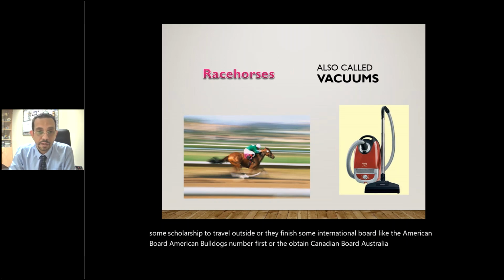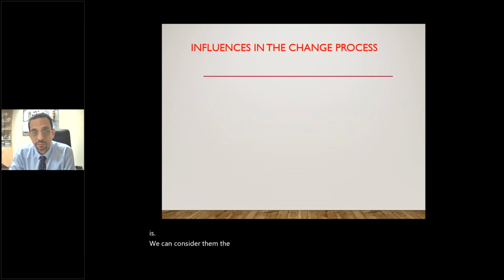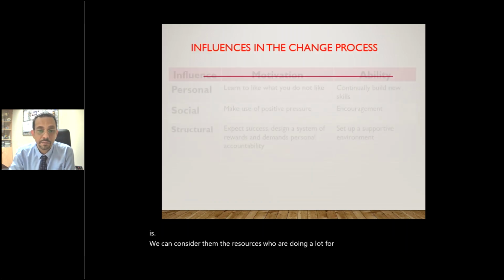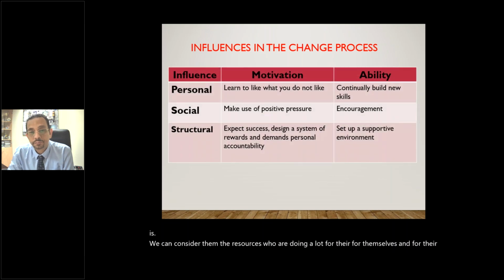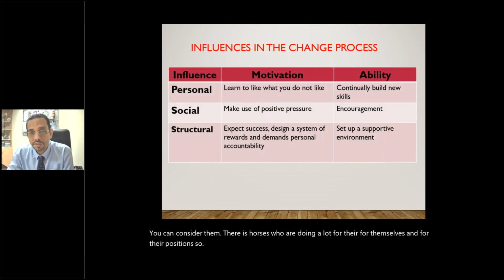We can consider them the race horses who are doing a lot for themselves and for the profession. So how will we influence the change?